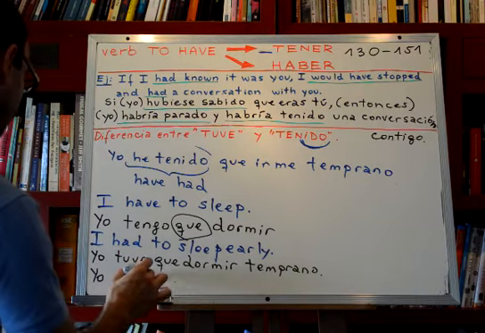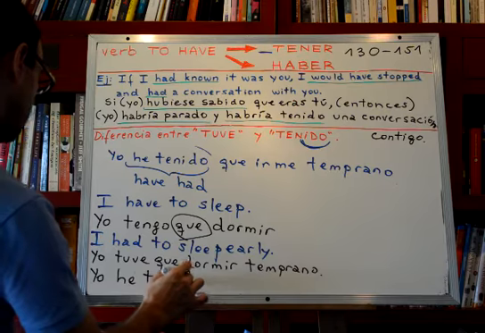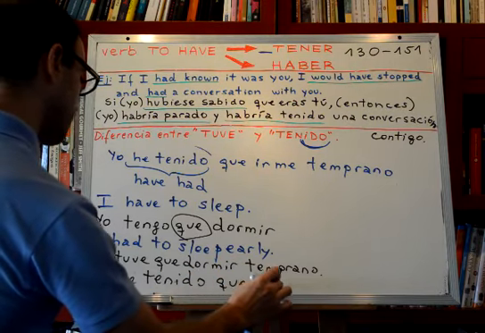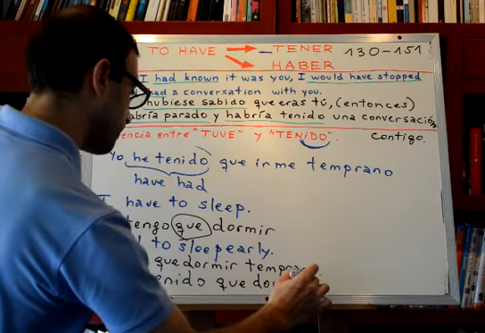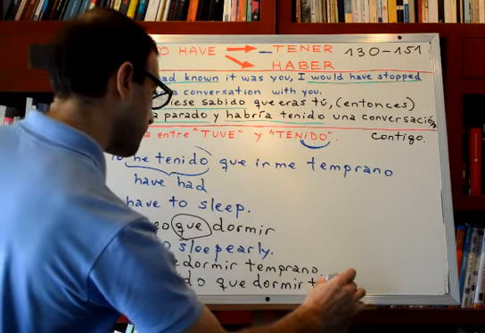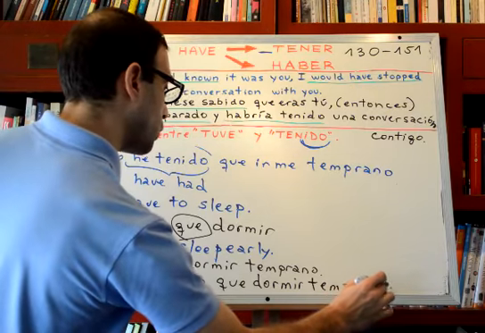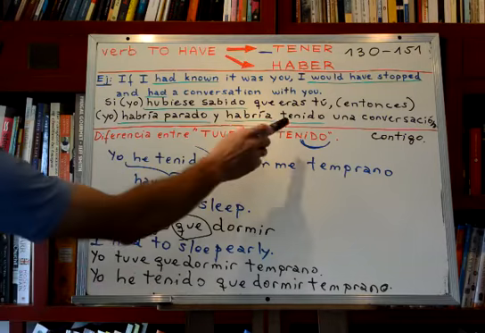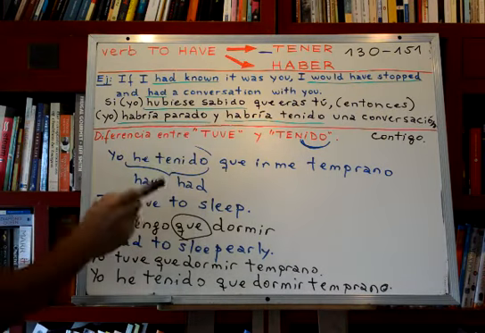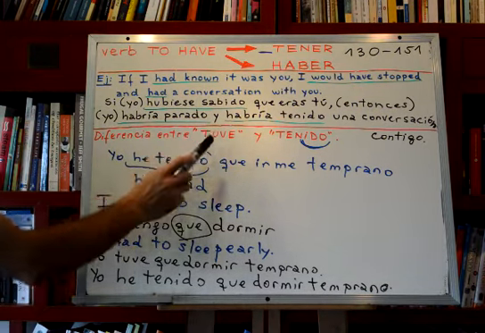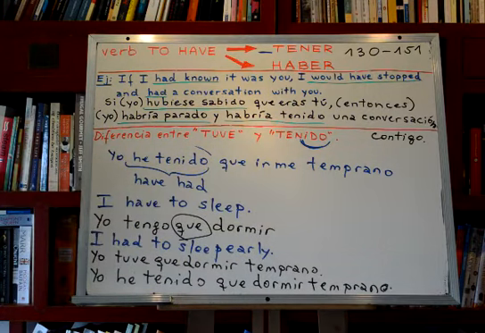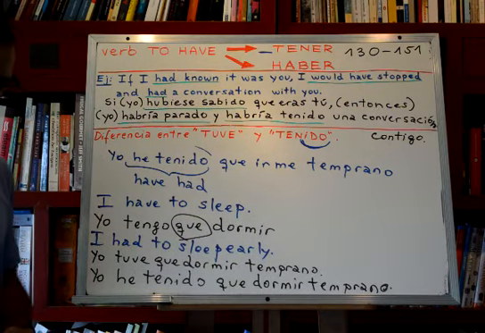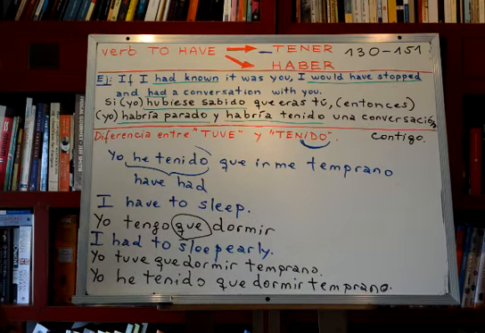Yo he tenido que dormir temprano. Okay? Yo he tenido que dormir temprano. So, sí, tenido, tenido. Tuve, tuve, right? Simple past, past participle, right? And remember, again, let me repeat this once more.